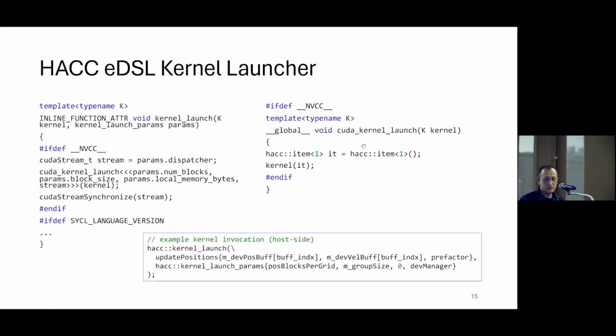Similar to what SYCL does, we have an item that is responsible for a lot of the indexing, or resolving the indexing in the parallel ND range. Then the kernel is launched using its operator, taking the item. So this is CUDA, but it looks kind of like the way SYCL does the launch.